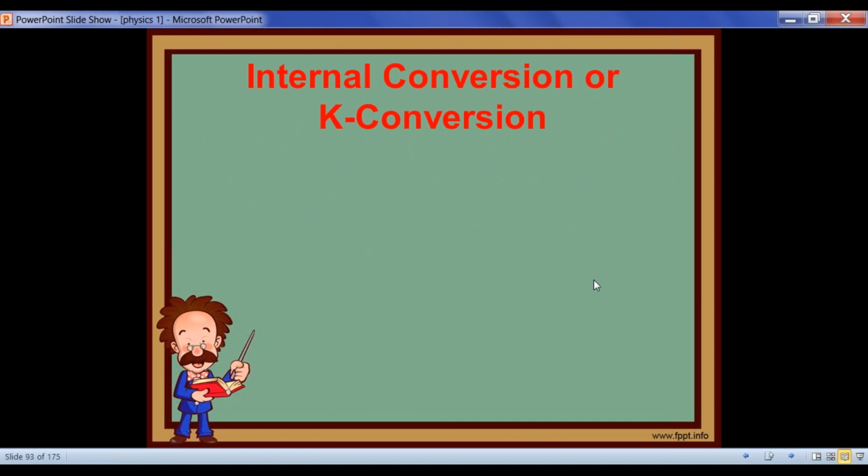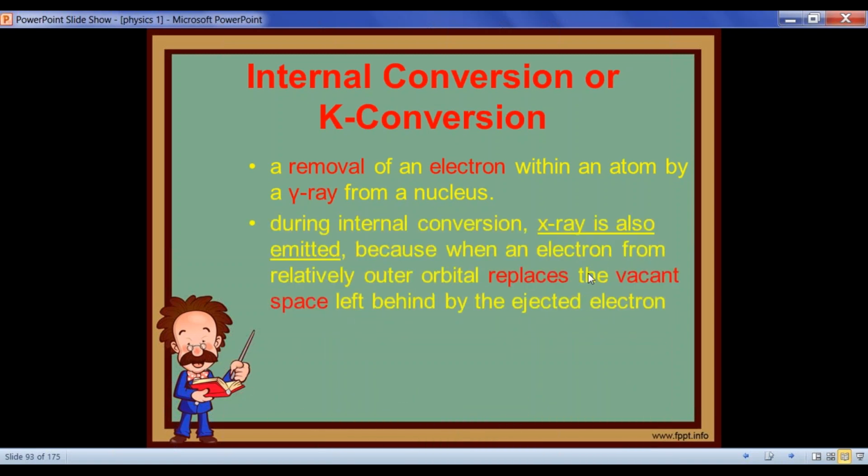So, number 4 is the internal conversion or K conversion. It is defined as a removal of an electron within an atom by a gamma ray from a nucleus. During internal conversion, X-ray is also emitted because an electron from relatively outer orbital replaces the vacant space left behind by the ejected electron.